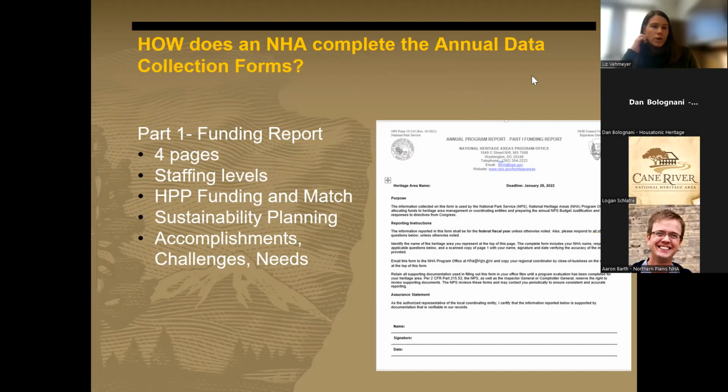And sometimes the part one is where I may go to see, okay, when it notes to ask for 3 to 5 accomplishments, I'll look to see when someone's asking, hey, what's something, sometimes the question is about a specific heritage area, sometimes a specific type of project. So I'll be looking through to see which ones did projects relating to more accessible recreational opportunities.